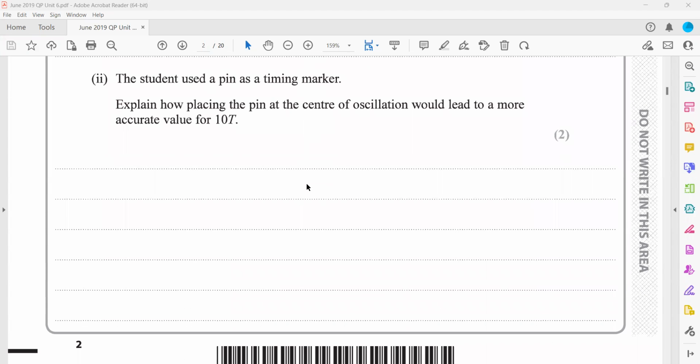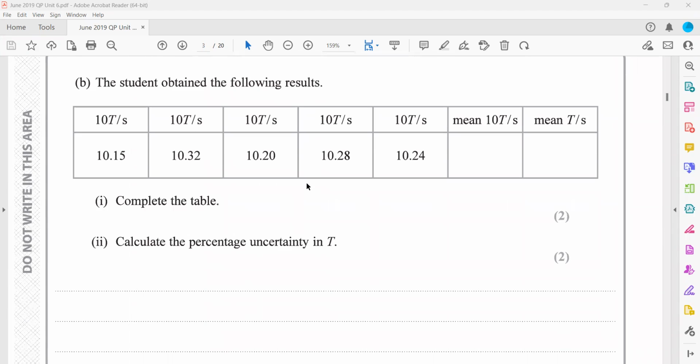Then the student obtains the following results. We need the average time for 10 oscillations, and then the time for one oscillation. There are 5 values.